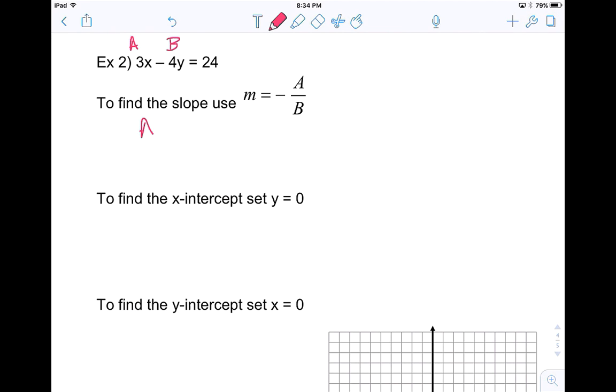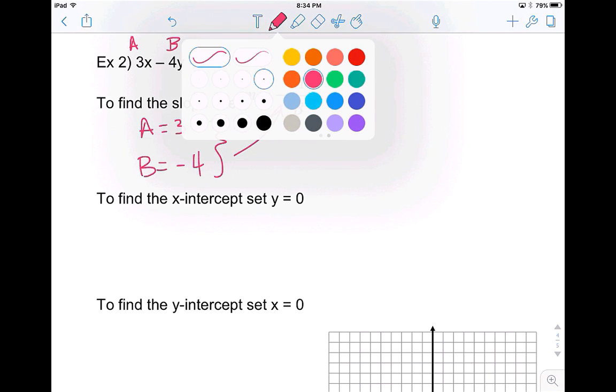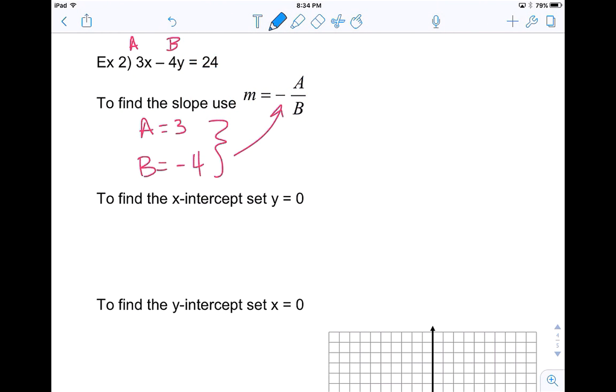So we know a is going to equal 3, b is going to equal negative 4. We're just going to take those two numbers and plug them into our formula. So we have negative a, and a is 3, divided by b, which is negative 4.